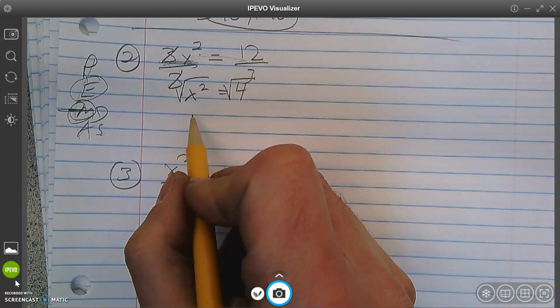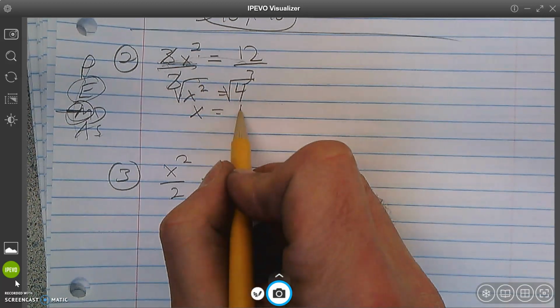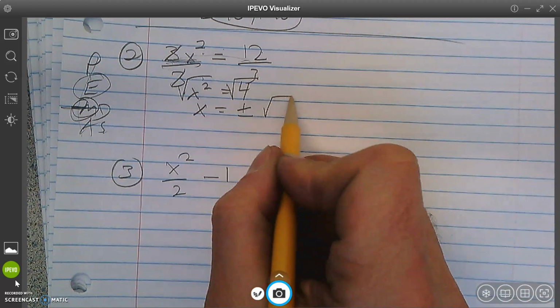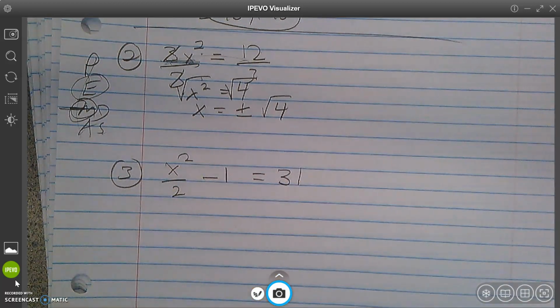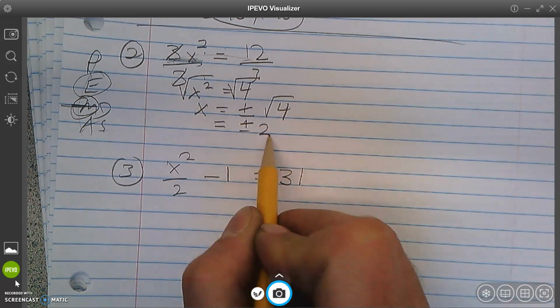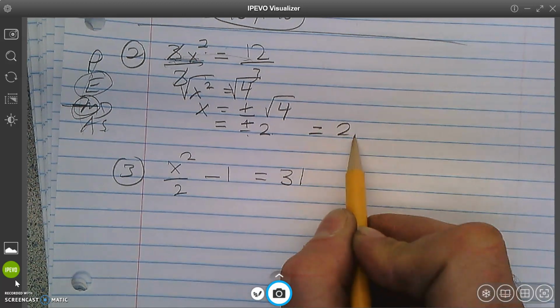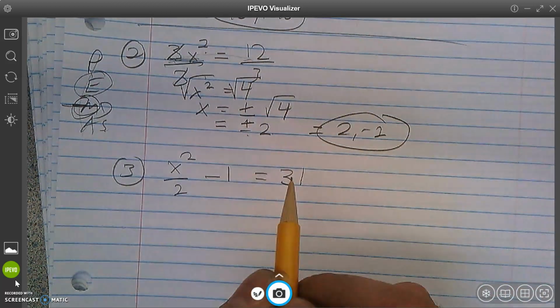When you square root, you have how many answers? Two. So I have plus or minus the square root of 4. The square root of 4 is 2, so my answers are 2 or negative 2.